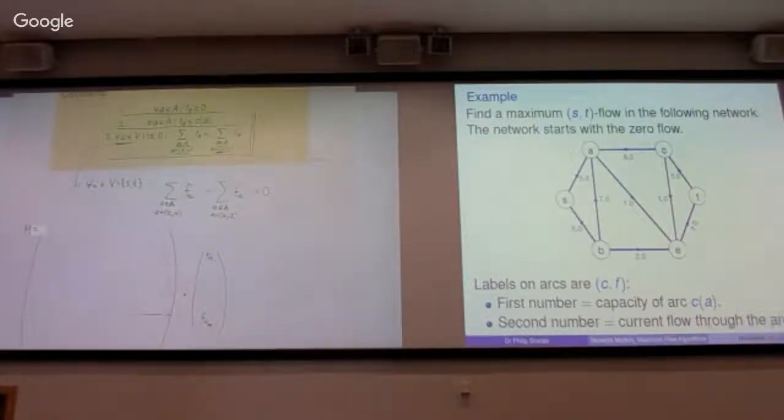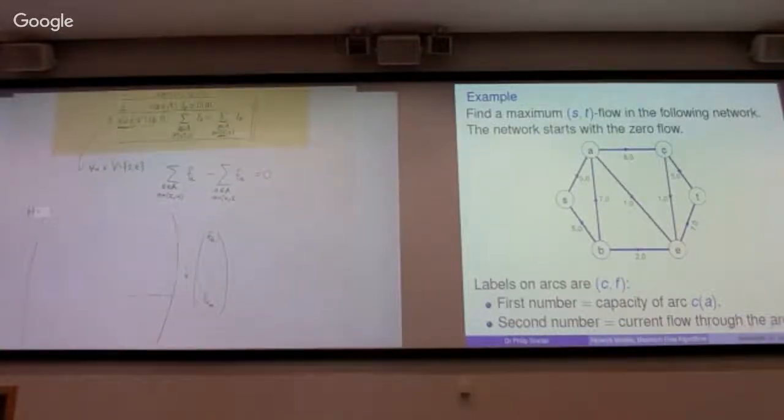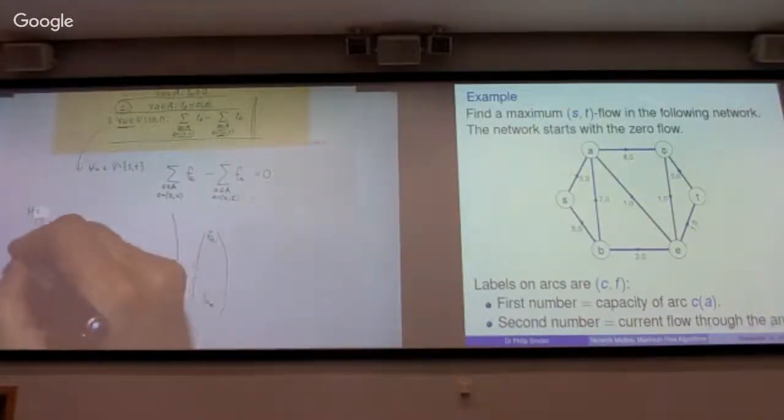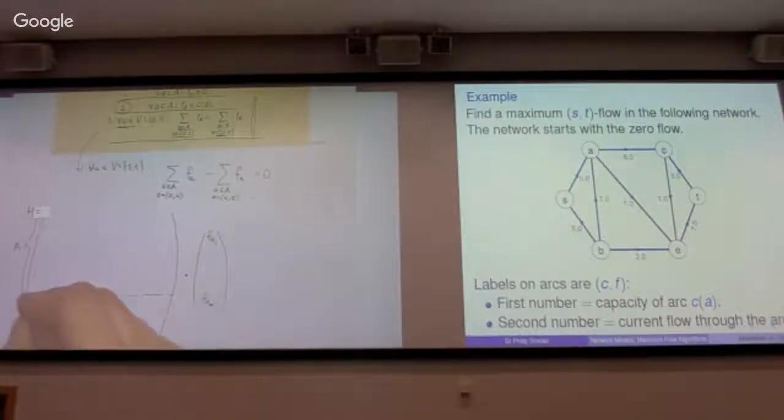This matrix M has one row for each constraint. And we have two kinds of constraints. We have some constraints of type 2, and there's one for each arc. So we have these rows where there's one row for each arc, and the rest of them, there's one row for each vertex other than the source and the sink. So the matrix has two parts: the top, one row for each arc; the bottom, one row for each vertex or node.